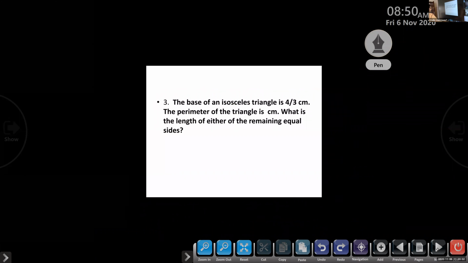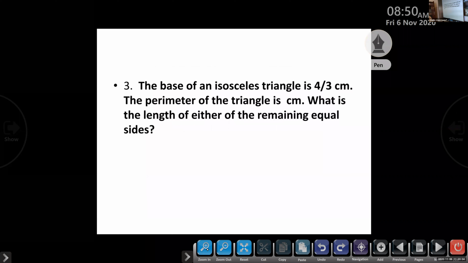Question number 3. The base of an isosceles triangle is 4 by 3 centimeter.